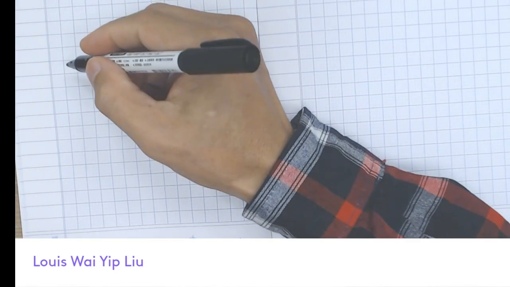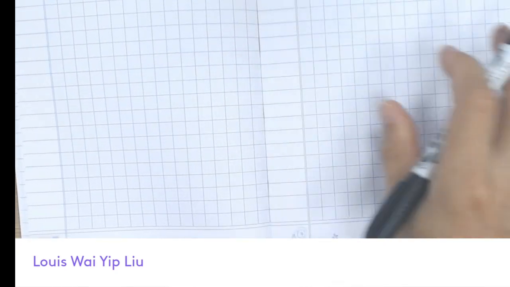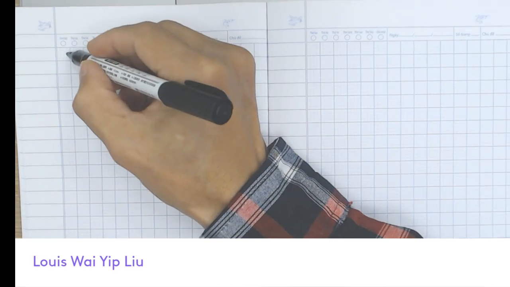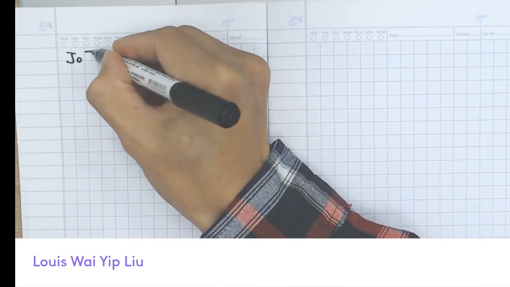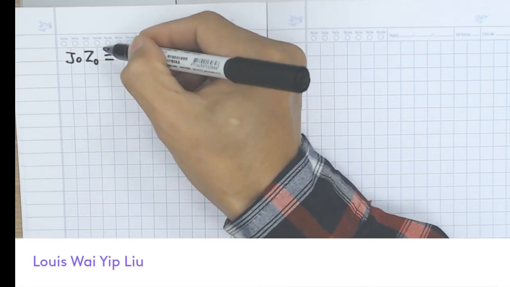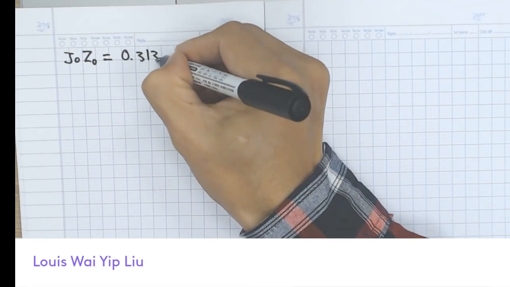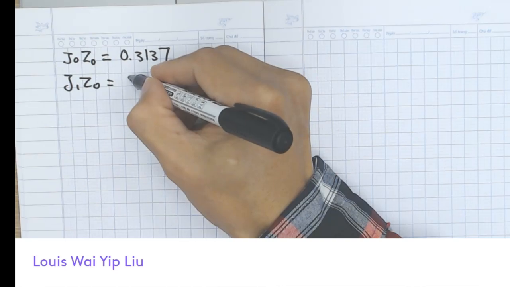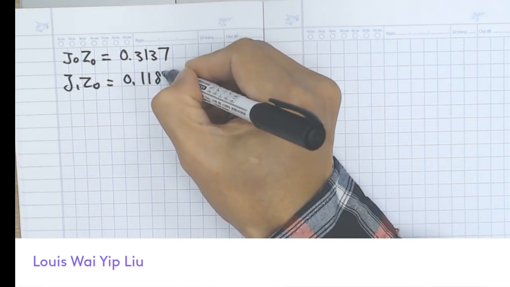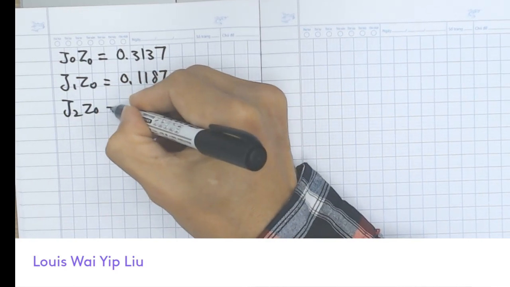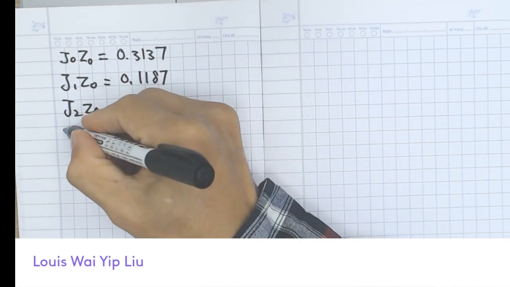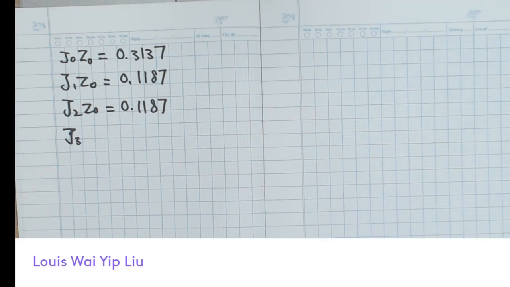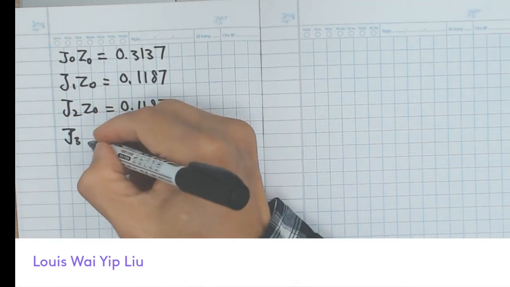Okay, so from the previous exercise, we have already calculated JZ value, yeah, it is 0.3137, and then 0.1187, and this one is the same, and this one should be similar.